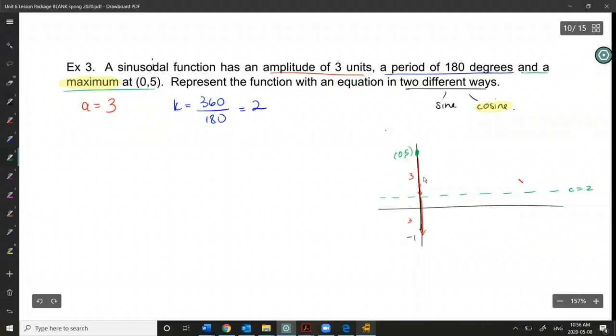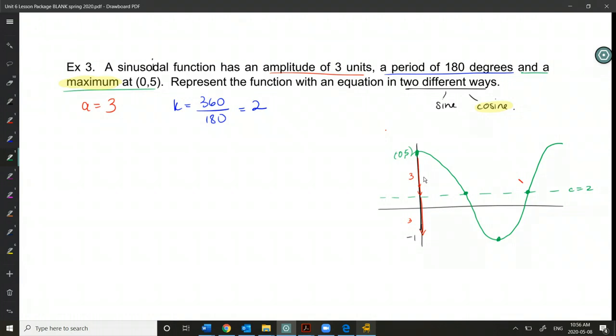So my graph kind of goes like this. I don't know exactly, but something like that, right? The minimum's down at -1, the midline's at 2, the maximum's at 5. And because I'm given information about the maximum, I should start here with a cosine function.